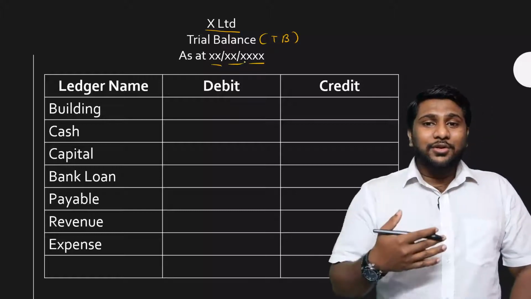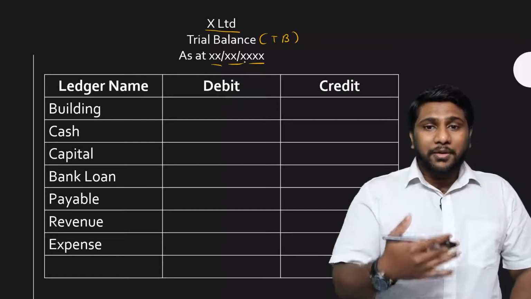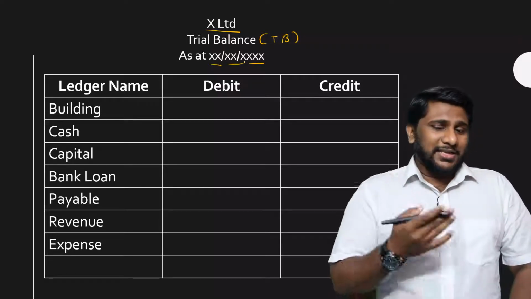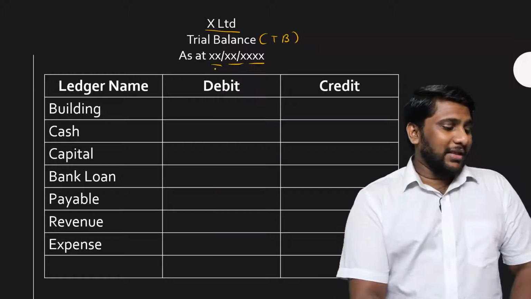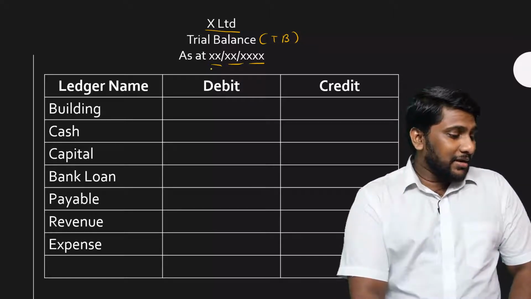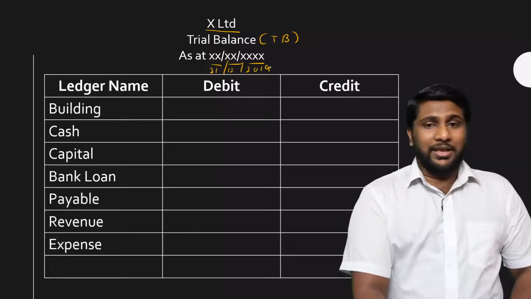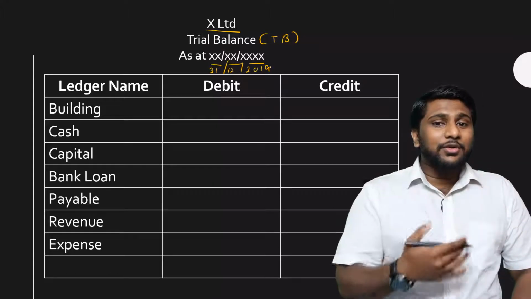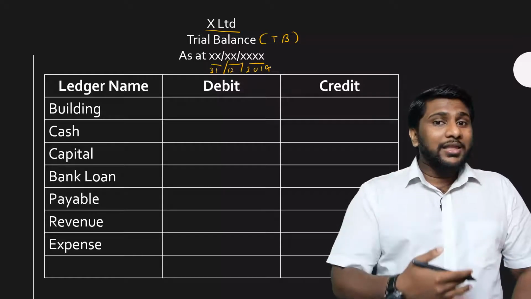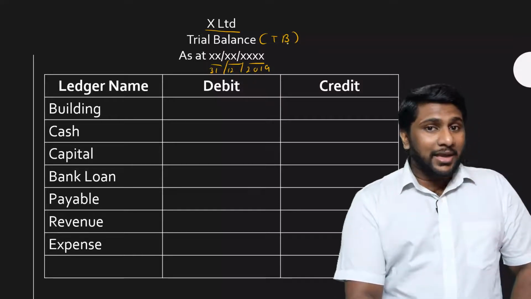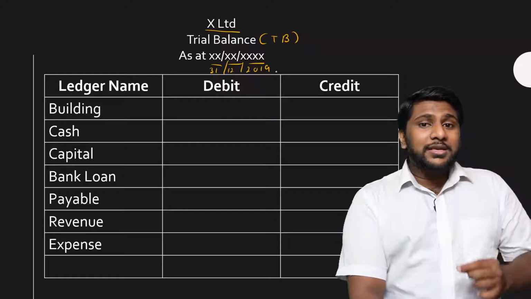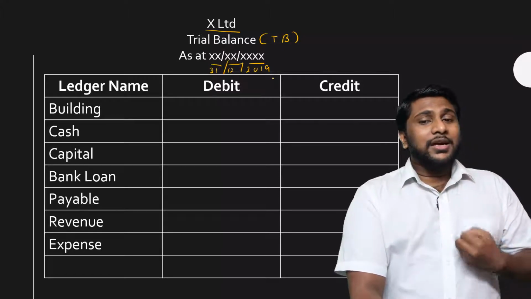As I said, your trial balance is a report that you prepare for a certain date. As an example, this is X Limited's trial balance as at 31st December 2019. As at 31st December 2019, what ledger accounts does X Limited have, and what are the balances of those ledger accounts?